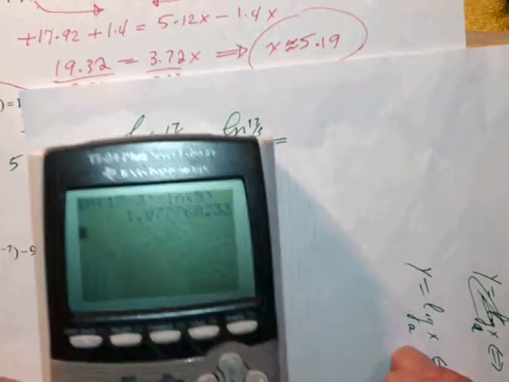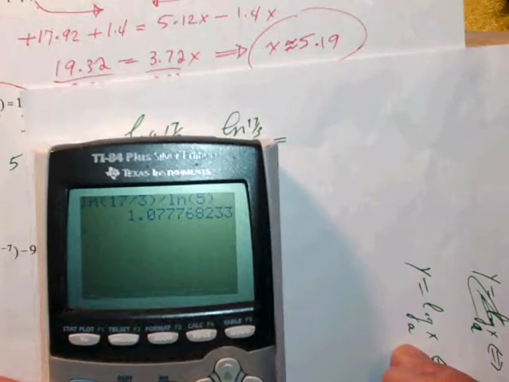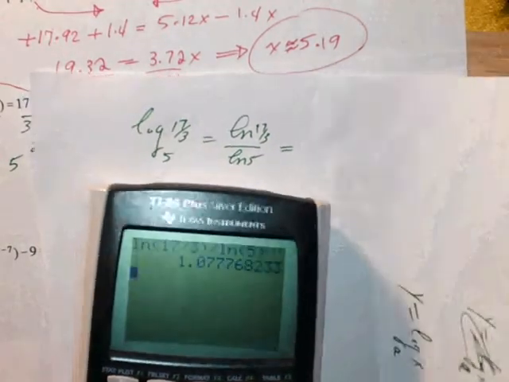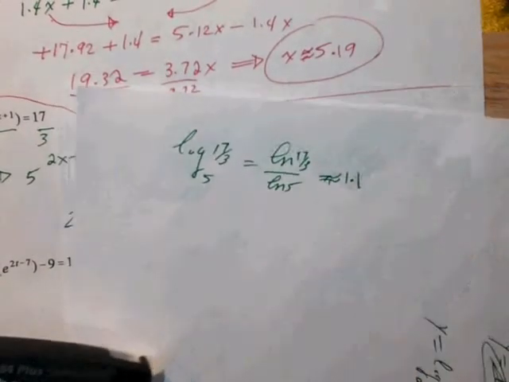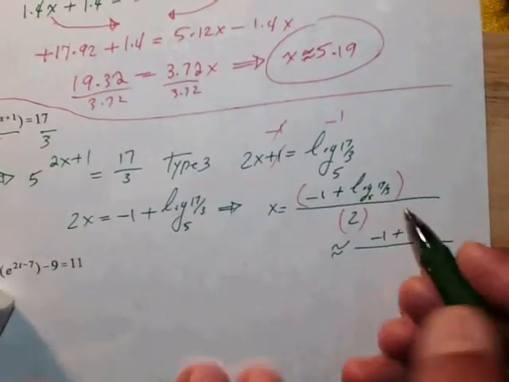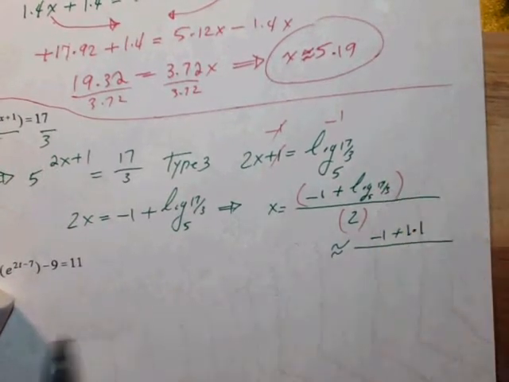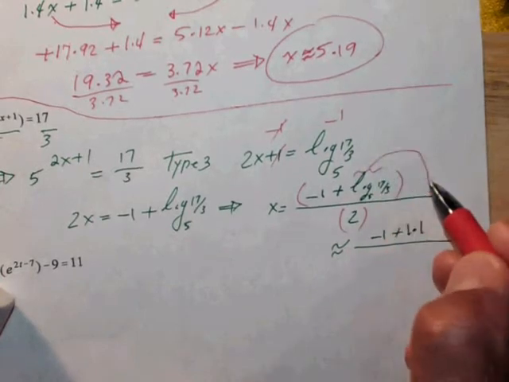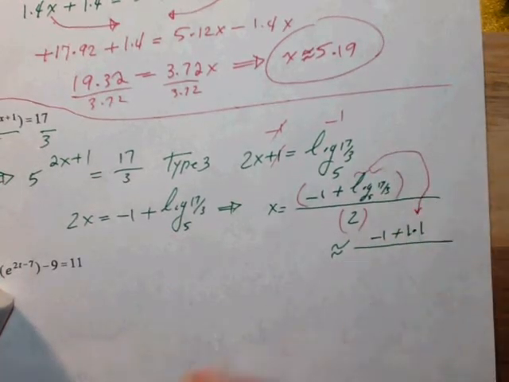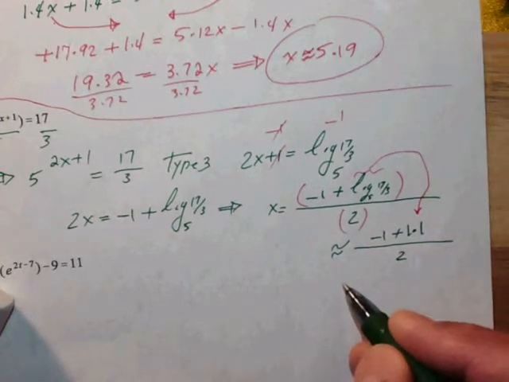So I get about 1.1. Okay, so this is approximately 1.1, and that's what this one is. So this is 1.1 right here. So this guy is just this one, divided by 2, and the rest is easy.